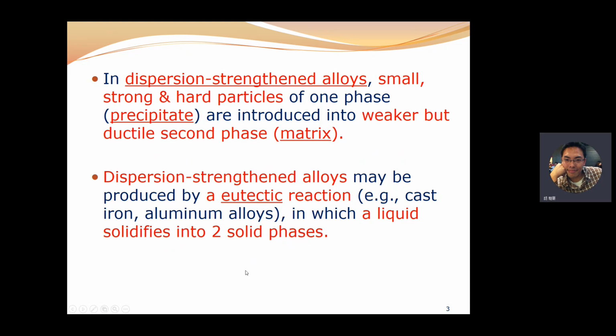Dispersion strengthening in alloys might be produced by a eutectic reaction. It's quite important, such as in cast iron or aluminum alloys, in which a liquid solidifies into two phases. I'll introduce this reaction later. This reaction is the transformation from the liquid into two solid phases, and it is called the eutectic reaction.